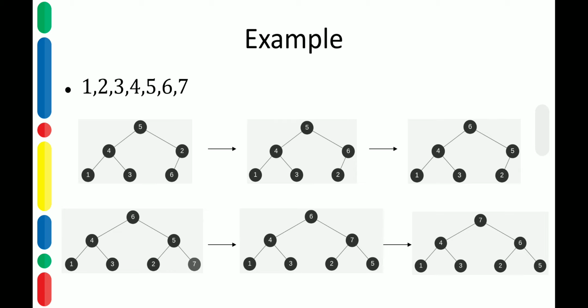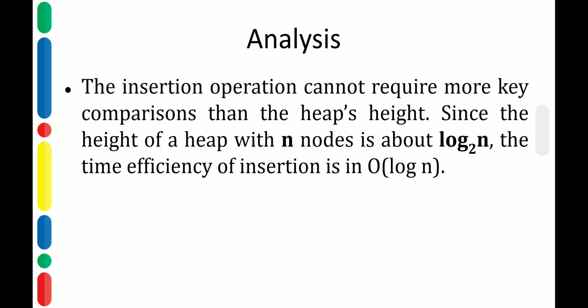This approach is called the top down approach, where we insert one element at a time. The insertion operation cannot require more key comparisons than the heap height. Why? Because we keep comparing it with the parents, and the number of such comparisons cannot be larger than the height of the tree.